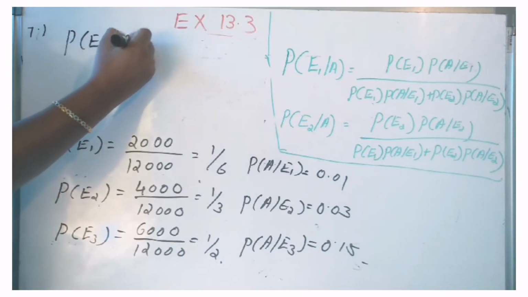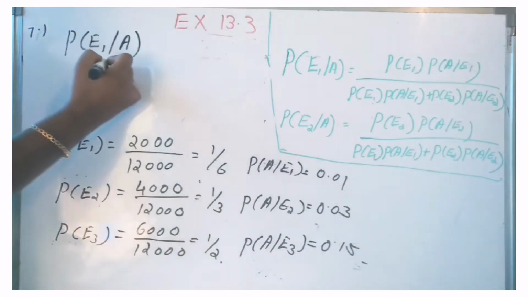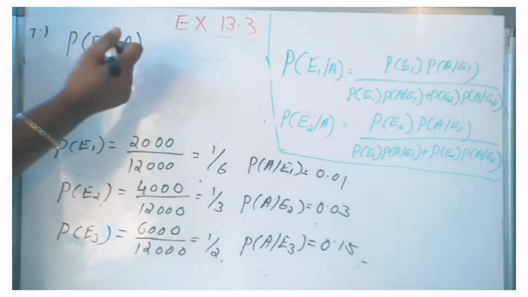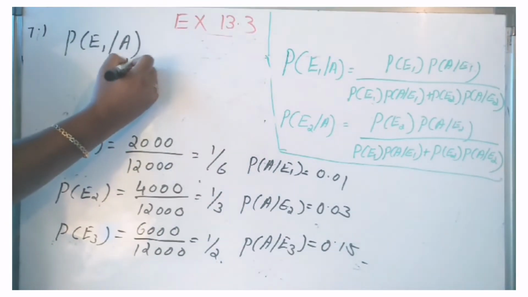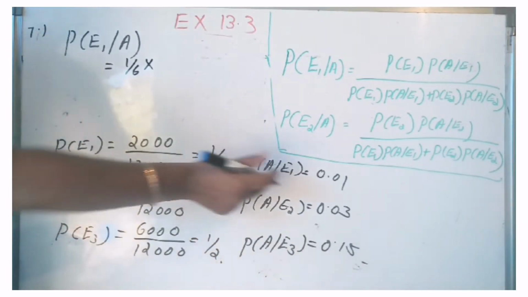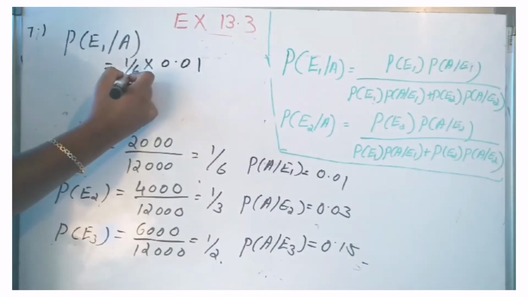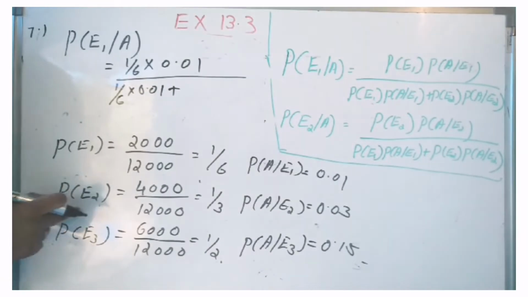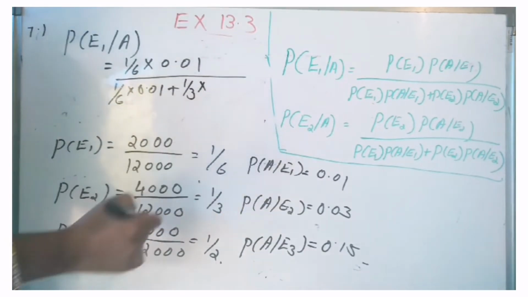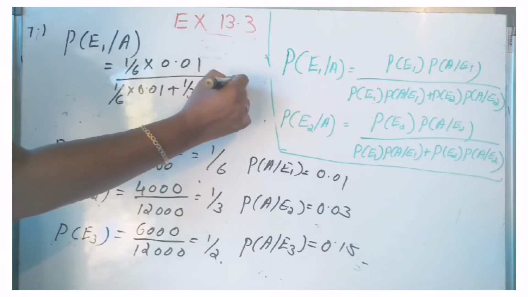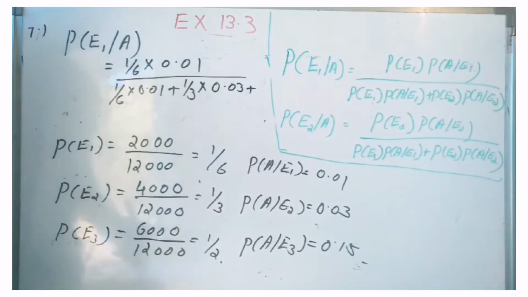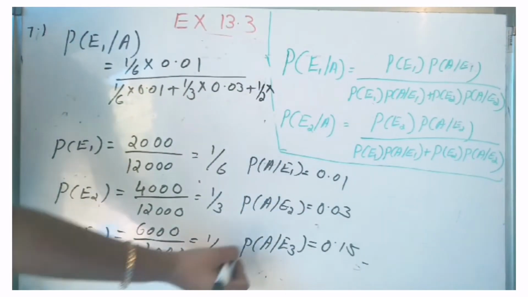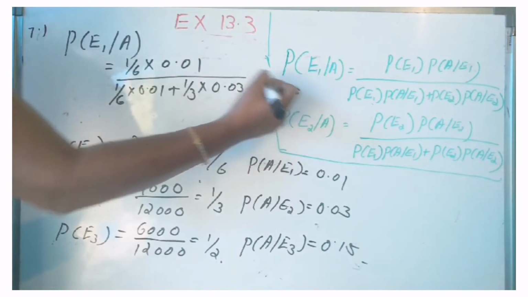So P of E1 given A is equal to, same formula, but in the denominator one more term will be there. So P of E1, that is 1 by 6 into P of A given E1, 0.01, all divided by 1 by 6 into 0.01 plus P of E2, 1 by 3 into P of A given E2, 0.03, plus one more term, that is P of E3, 1 by 2 into P of A given E3, 0.15.